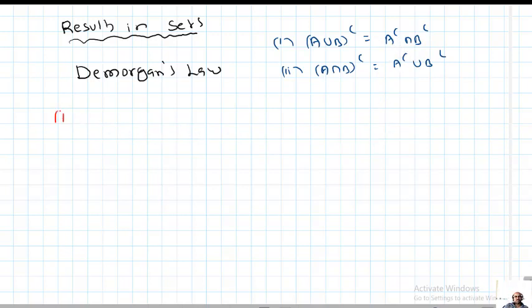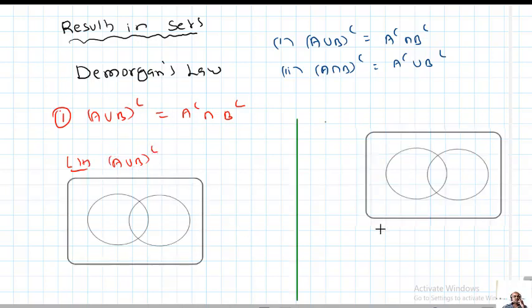First one, A union B whole complement equal to A complement intersection B complement. LHS. What is LHS? A union B whole complement. Okay, students, this is a Venn diagram. By using this Venn diagram, I want to prove it. Here this is the universal set, and two circles are taken. Okay.